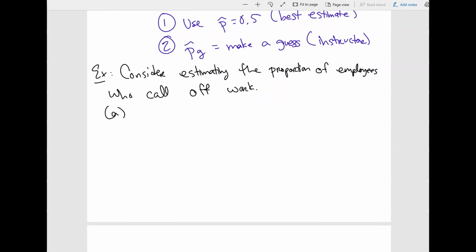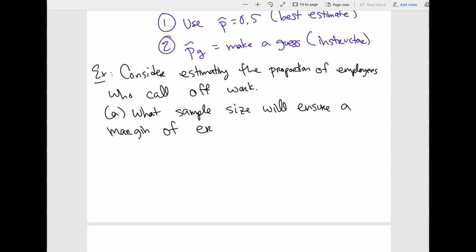Part A says, what sample size will ensure a margin of error of at most 0.01 for a 95% confidence.